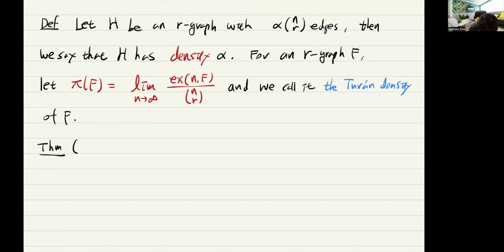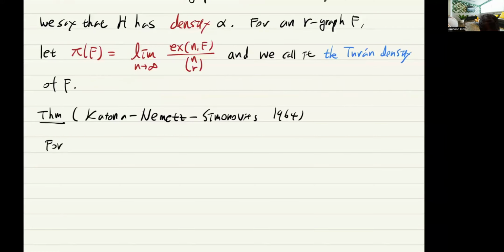Once we define a certain parameter, we have to show that it is actually well defined. So we can show that for any r-graph, its Turan density exists.